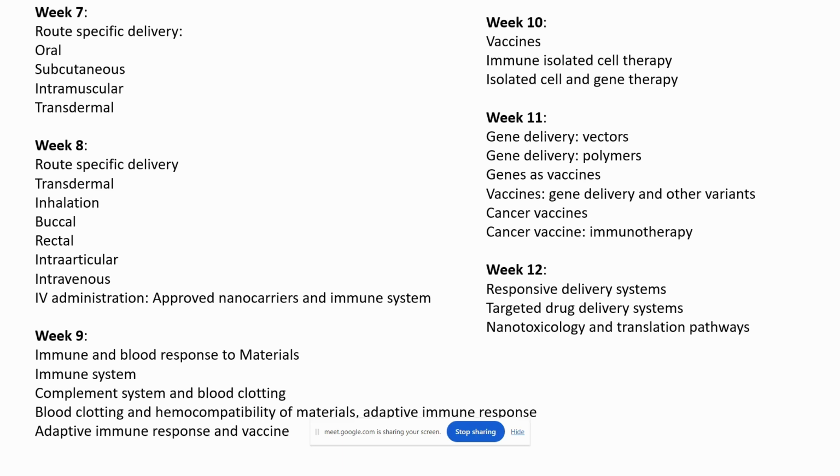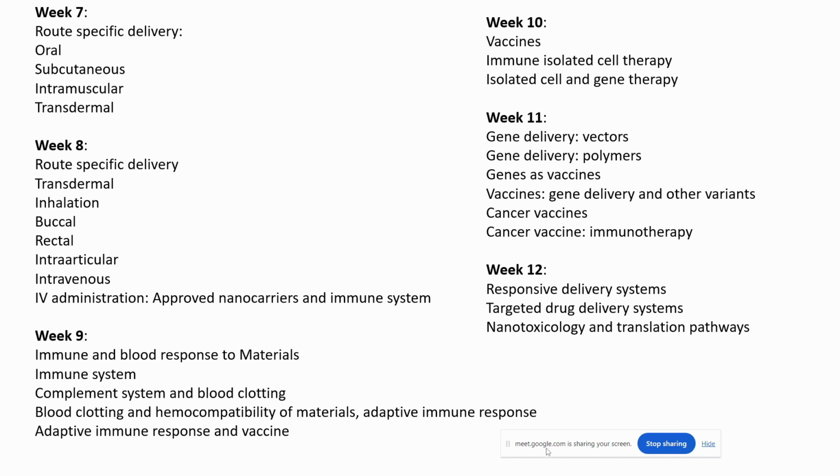Week 7 and 8 were mostly about different routes of delivery and their advantages and disadvantages, the different nanocarriers, and immune systems in IV administration. Week 9 was mostly about the immune system, the blood response to different materials, complement systems, blood clotting, and what immune responses are triggered when the host comes in contact with the biomaterial.